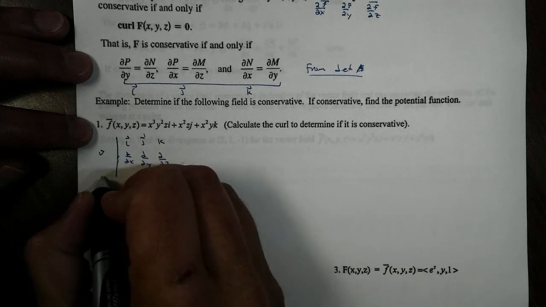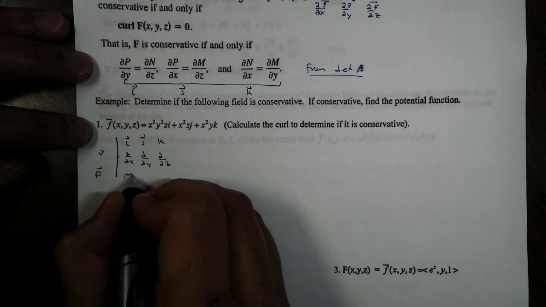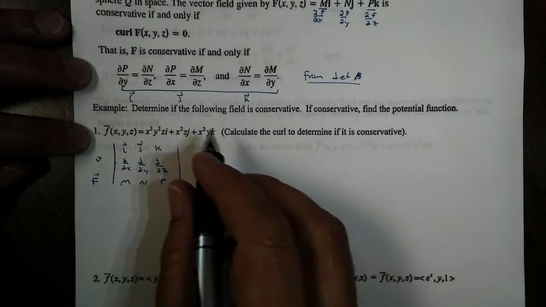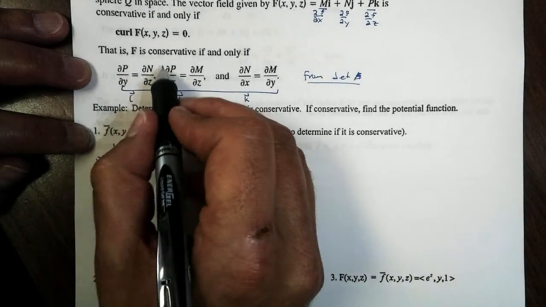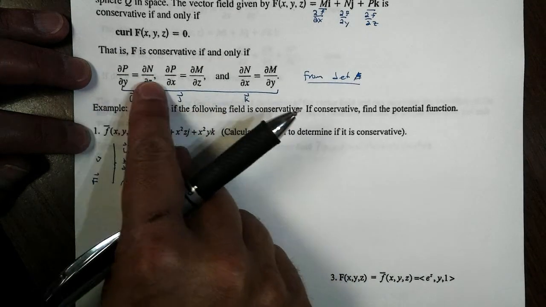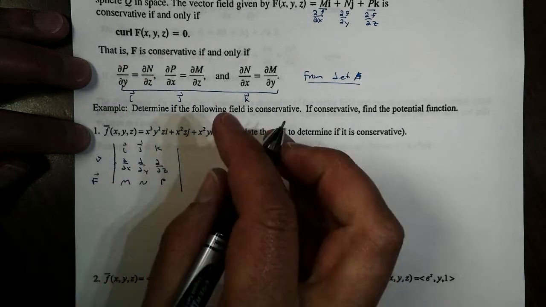And on the bottom, we'll put our vector field itself, our M, N, and P right there. Now also remember, these are also considered second derivatives, and we saw that in another video.